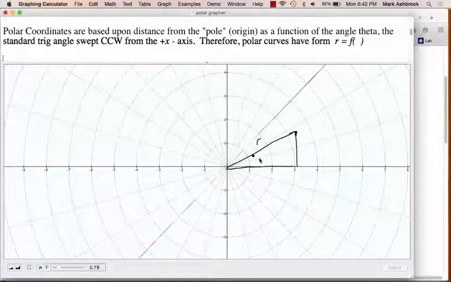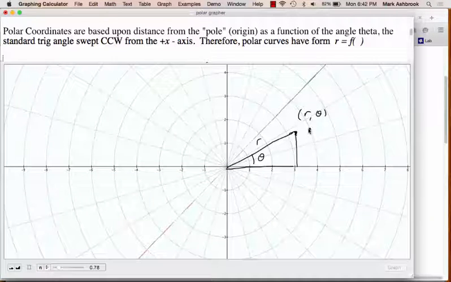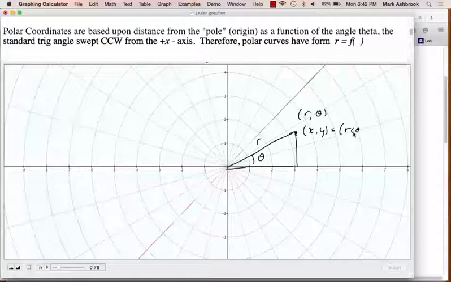This is for distance r and an angle theta. Coordinates are r, theta in polar, and what would they be? Right, so as x, y coordinates, it would be r cosine theta, r sine theta.